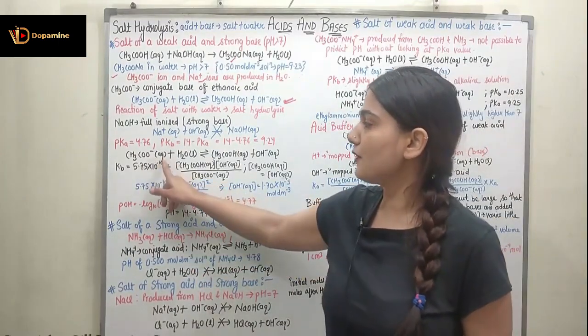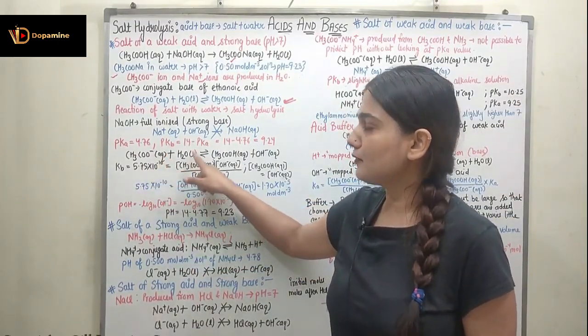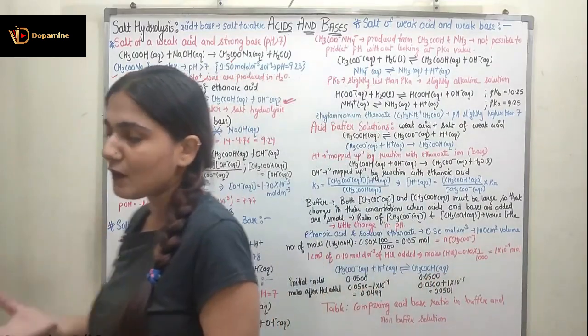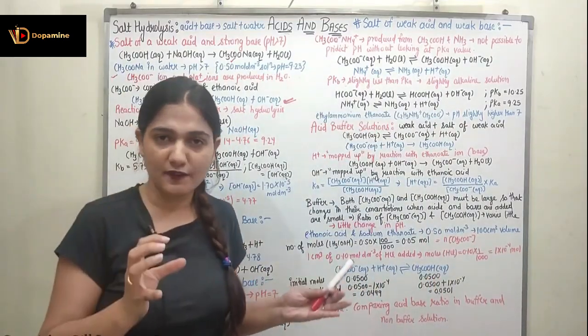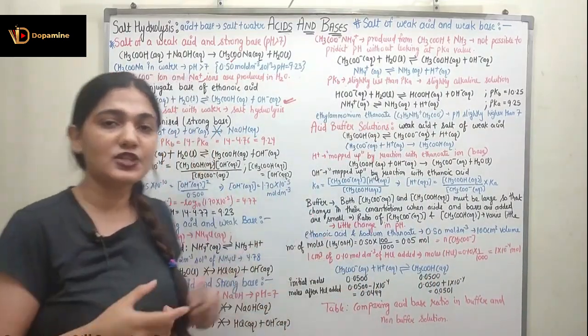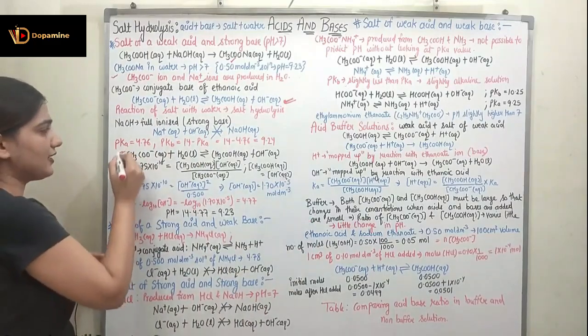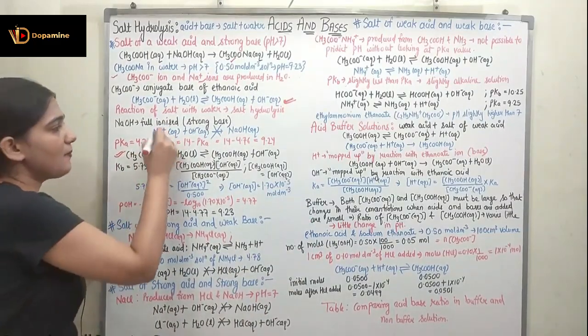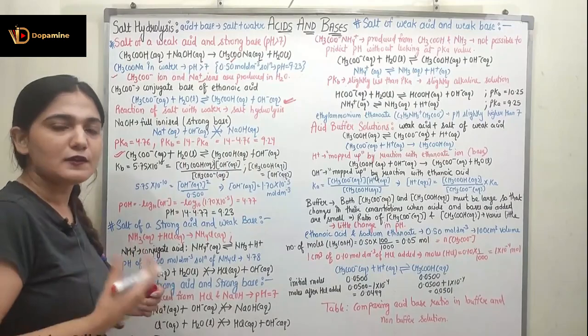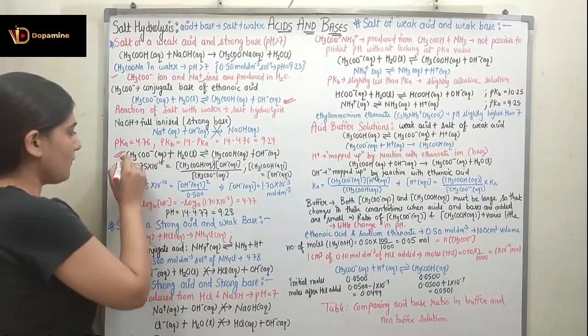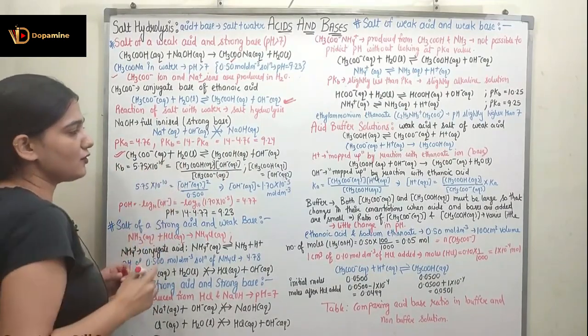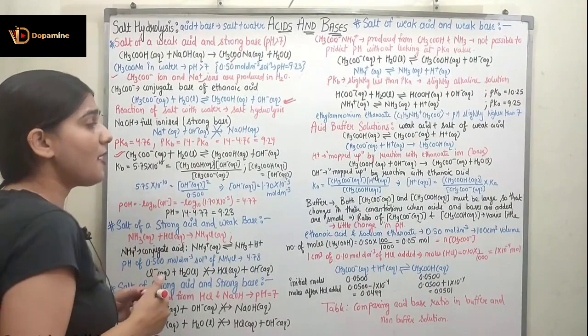For salt hydrolysis we observe the ion in the salt that reacts. I am observing CH3COO negative, not Na positive, because that reaction is not feasible. So CH3COO negative plus H2O gives CH3COOH plus OH negative.